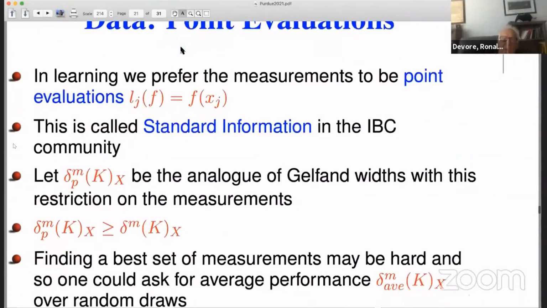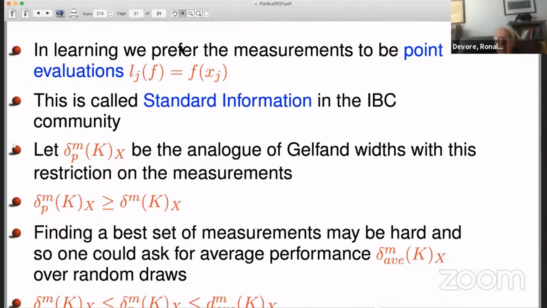Now, of course, in learning, we typically don't have general linear functionals for measurements. We use point values, right? We have the values of the function at some points xj. So this wouldn't fit into Gelfand widths exactly, because Gelfand widths allow any linear functional, and here we have to use point evaluation. So you can introduce an analog of Gelfand widths, where you see the P on the bottom.